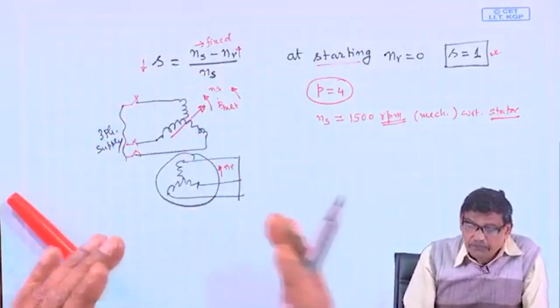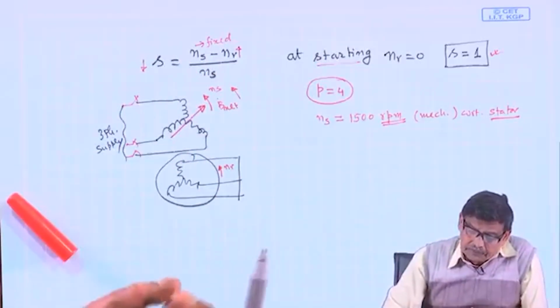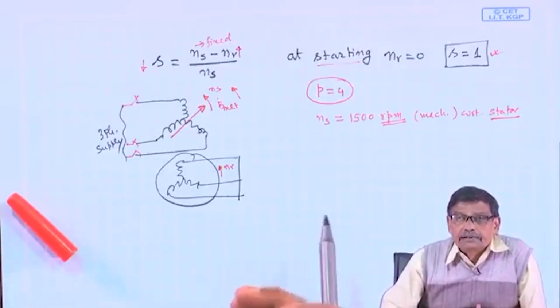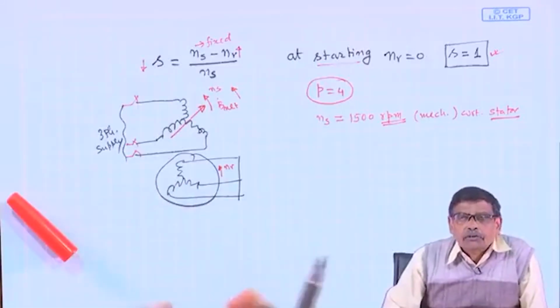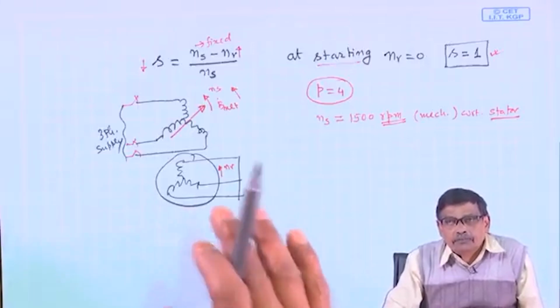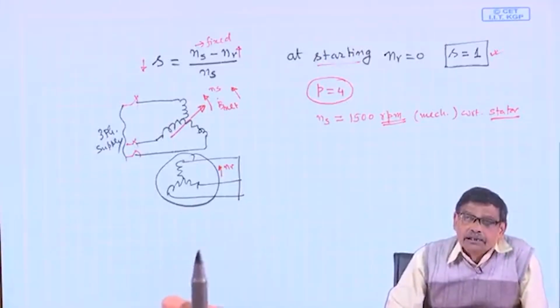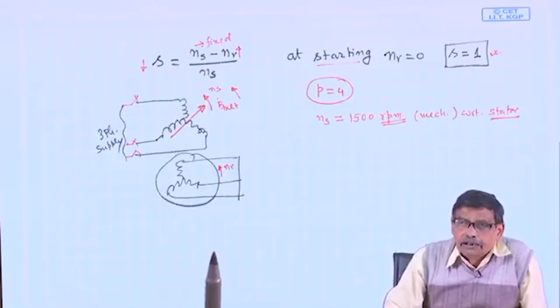So, it was 1, it will become 0.9, 0.8 like that, and it will go on accelerating. Now, what will be the final fate of this motor? Let us talk about that without doing any mathematics, and we can easily do that.